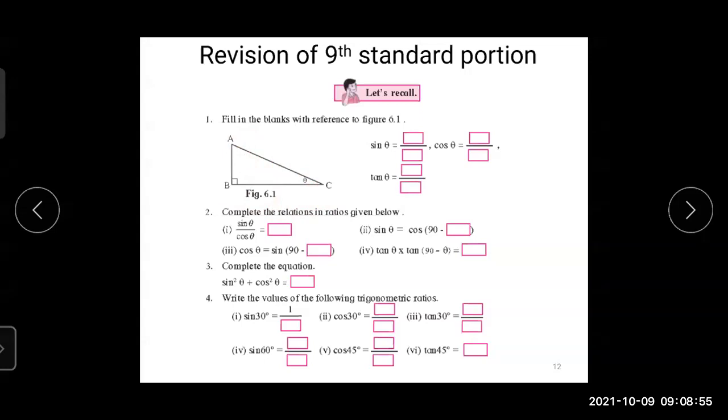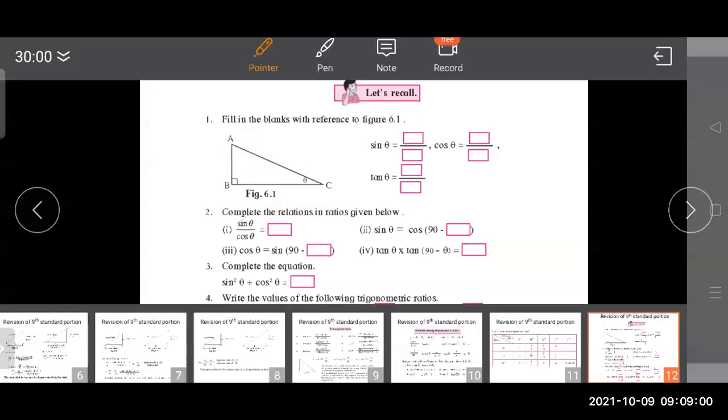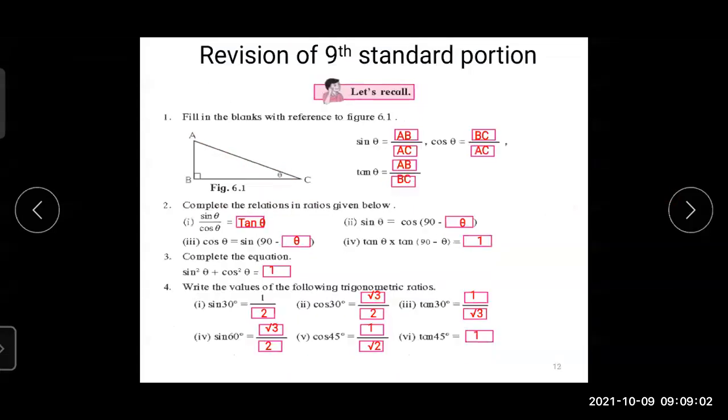So you have to complete the relations in ratios given below. Here, sin theta is equal to AB upon AC, cos theta will be BC upon AC, and tan theta will be AB upon BC. Now see, complete the relations in the ratios given below. Sin theta upon cos theta is equal to how much? It will be tan theta.